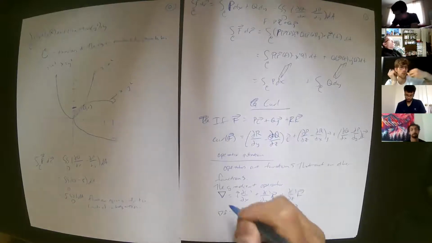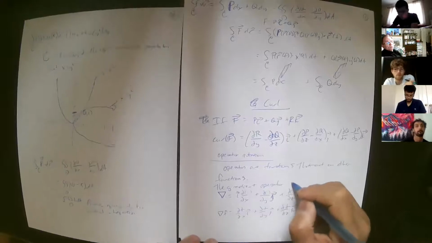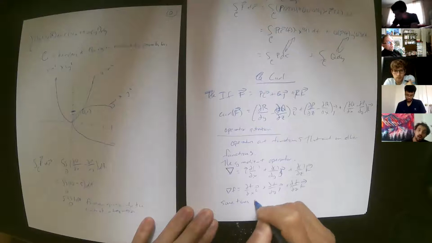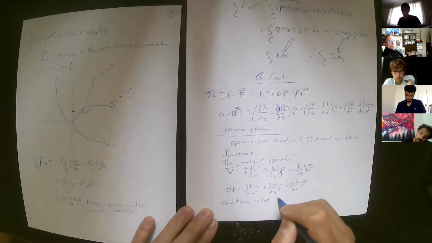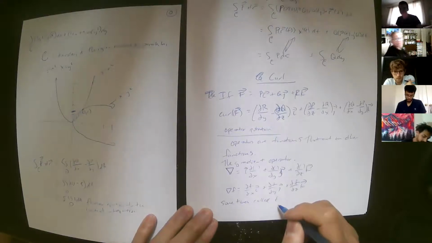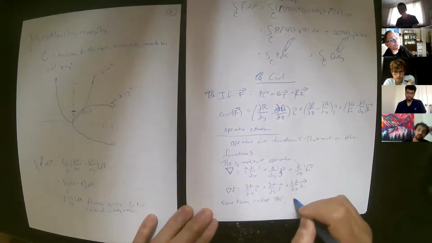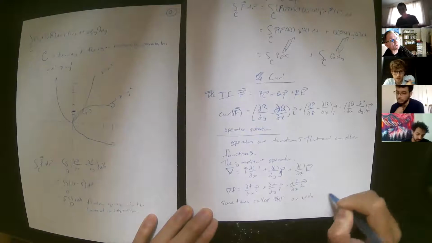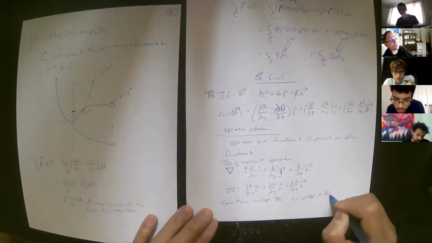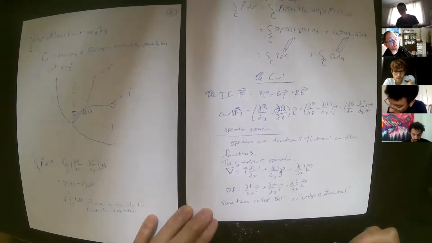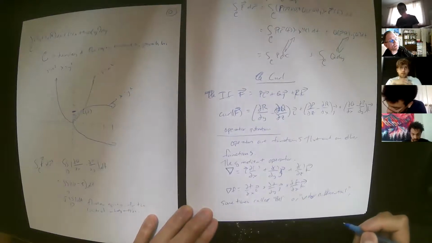So the gradient operator is sometimes called the del operator, or vector differential. These are other names you're going to look for. Sometimes it's also called the differential operator.